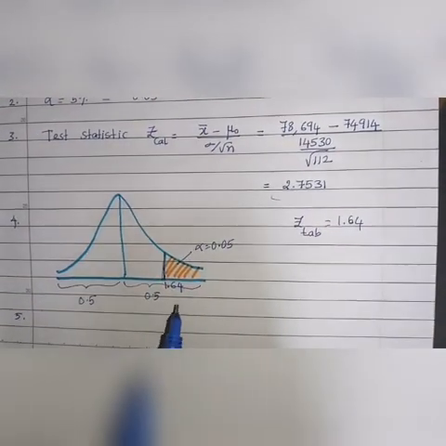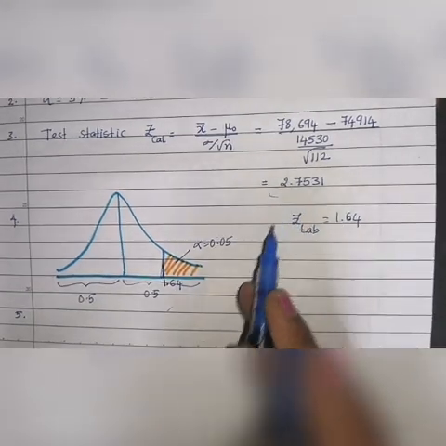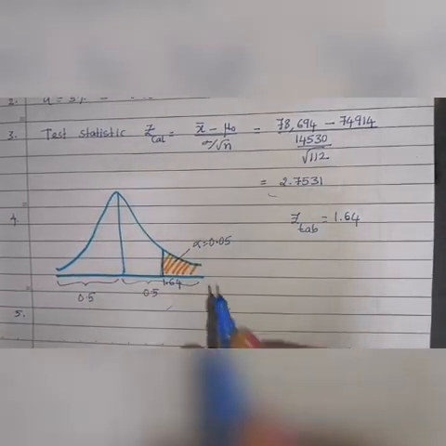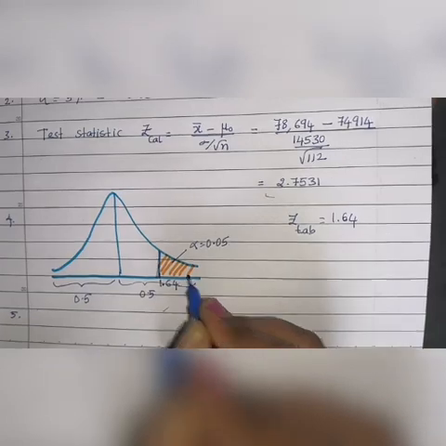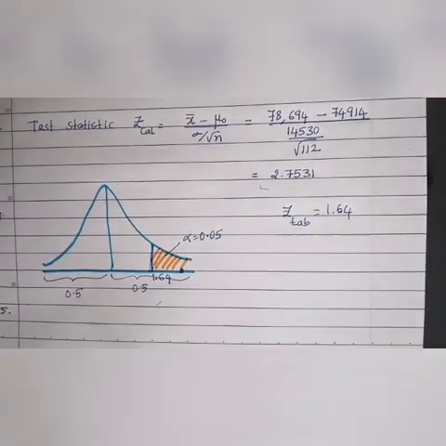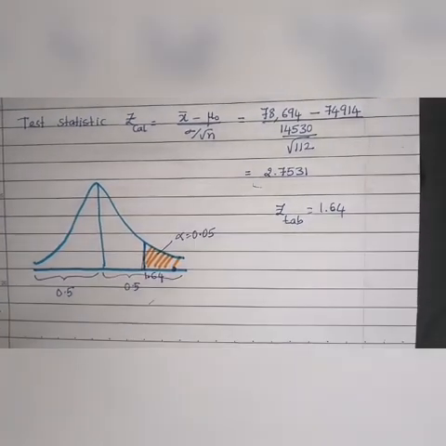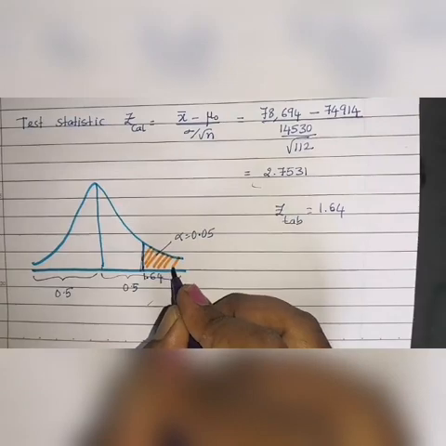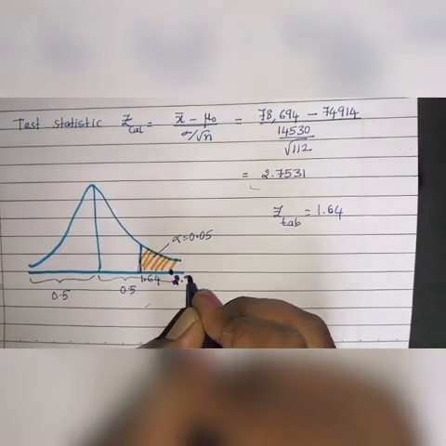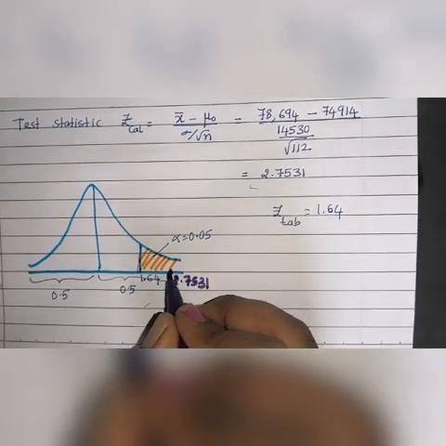Now where can I plot 2.75? 1.64 is less than 2.7, so I have to plot it somewhere here. So I am plotting it here, 2.7531.